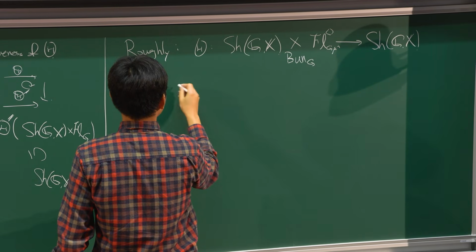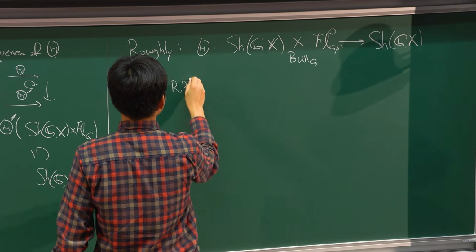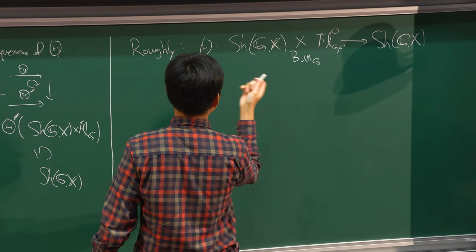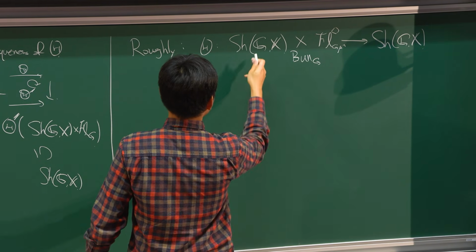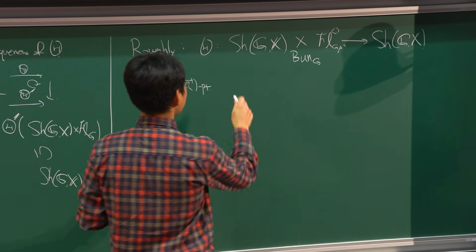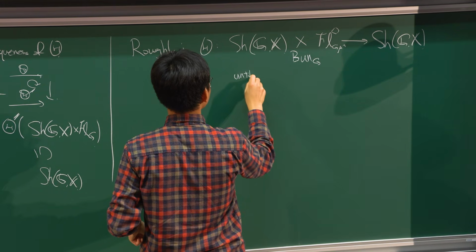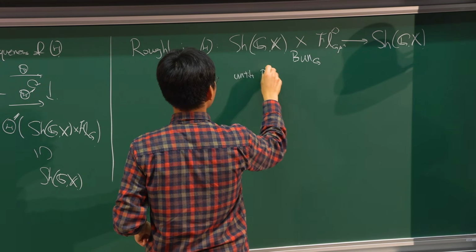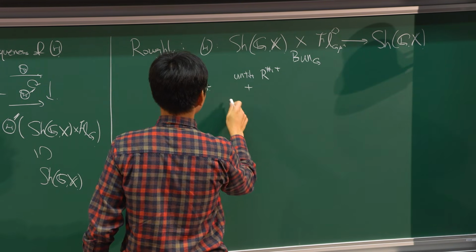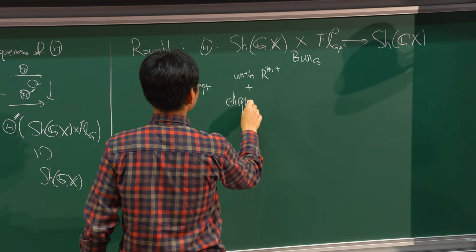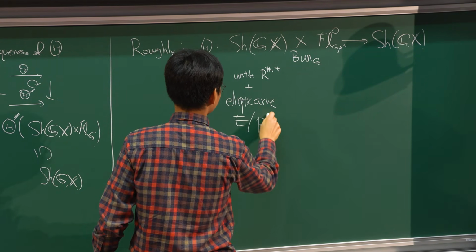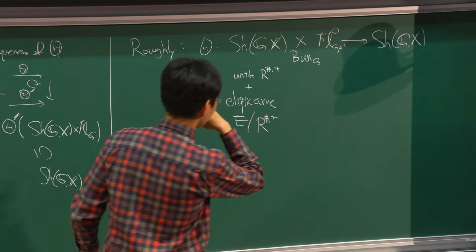Right. So an R plus point here is, well, I'm fixing an untilt R sharp 1 plus together with an elliptic curve E over R sharp 1 plus.